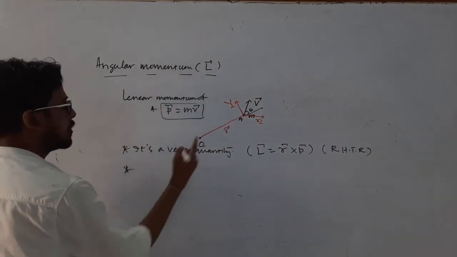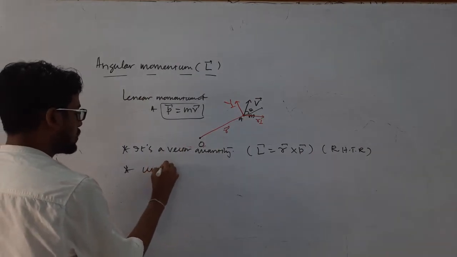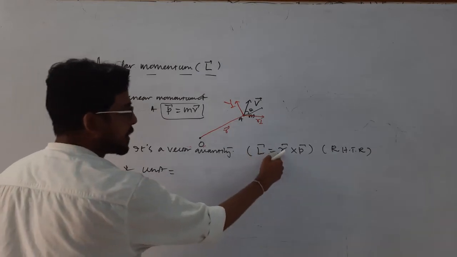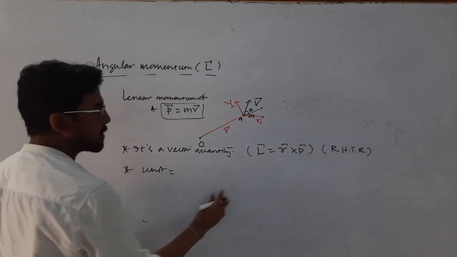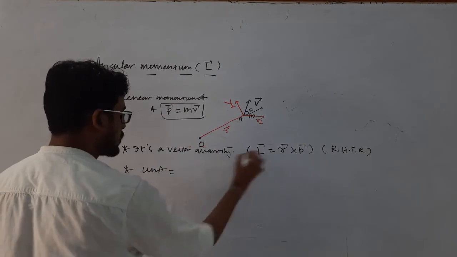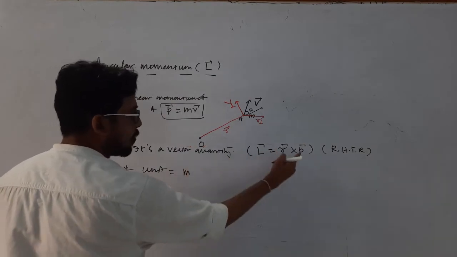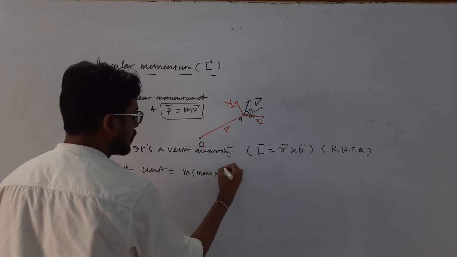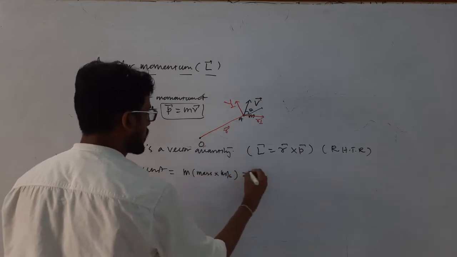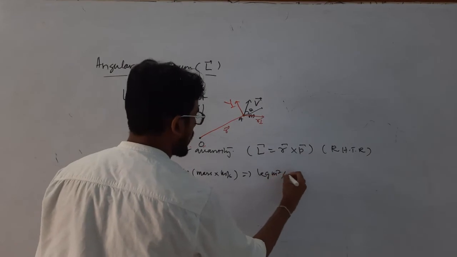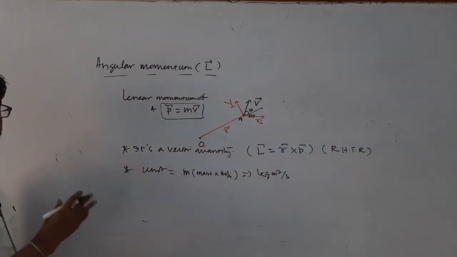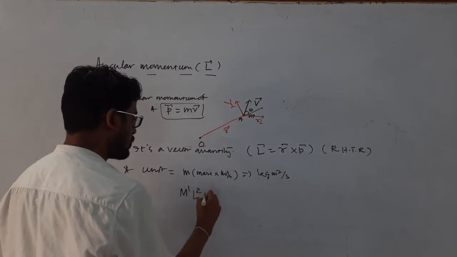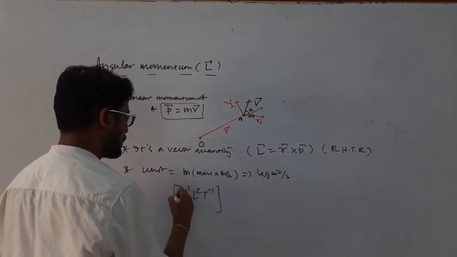Then its unit will be how much? R cross p: meter times momentum, and momentum is mass into velocity, which is meter per second. So its unit will be kg meter square per second. Clear? And dimension formula M^1 L^2 T^-1.